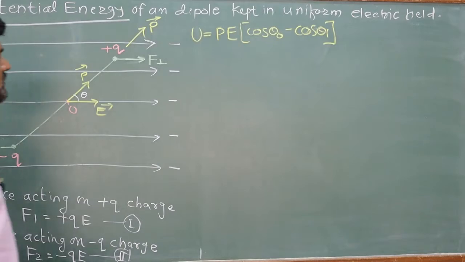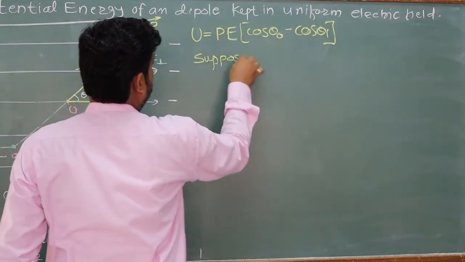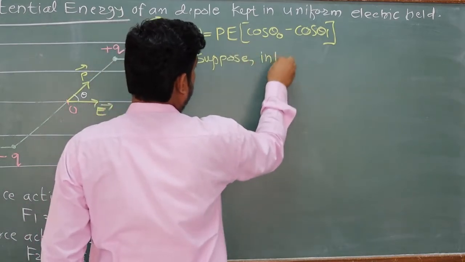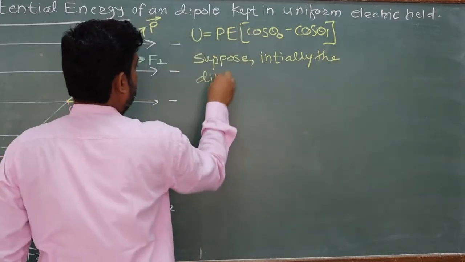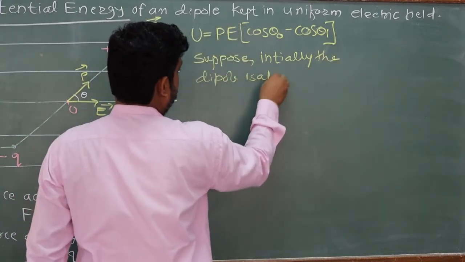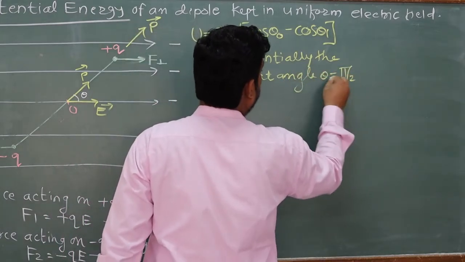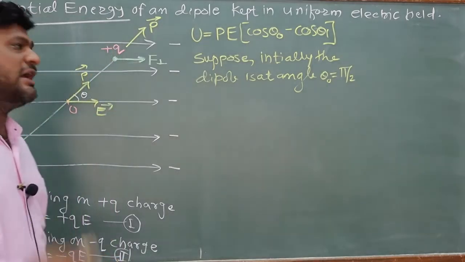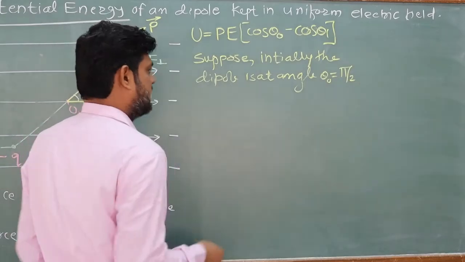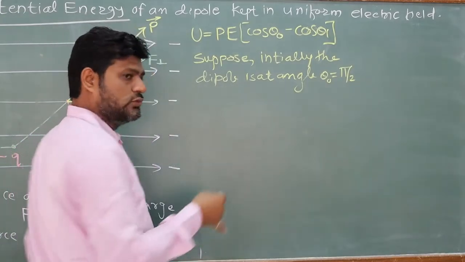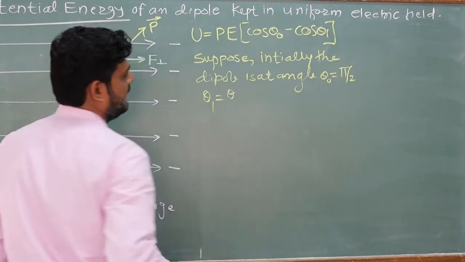Suppose initially the dipole is at an angle theta 0 equal to pi by 2, and we are rotating it up to some angle, suppose theta. So from pi by 2 to theta, theta 1 equal to theta.